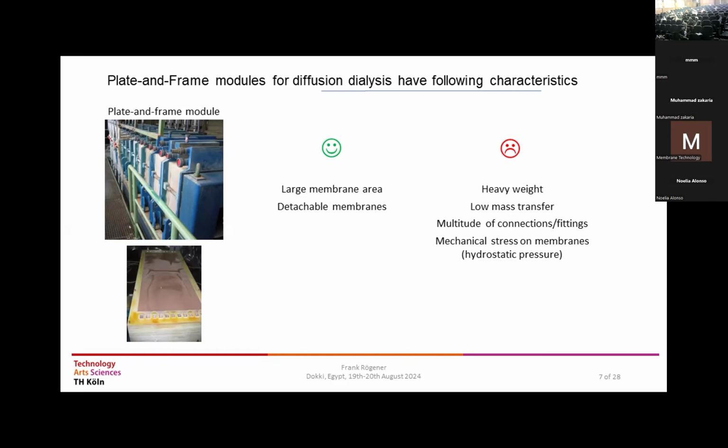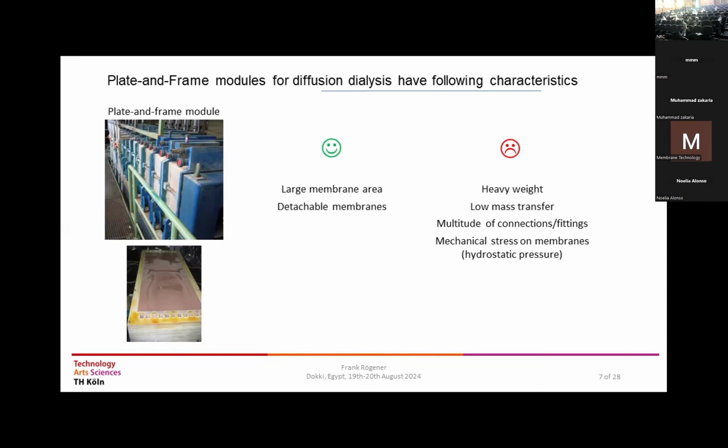A big disadvantage of this technology is that it is working like a filter press. So you need metal frames that press the membranes together. So the whole setup is relatively heavy. On the other hand, with all diffusion dialysis types, we have a low mass transfer. We have a multitude of connections and accordingly also the fittings.